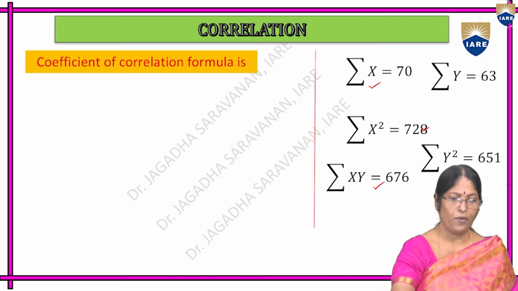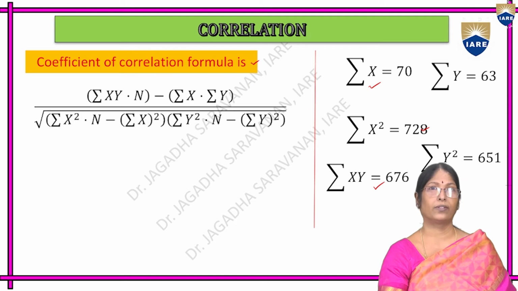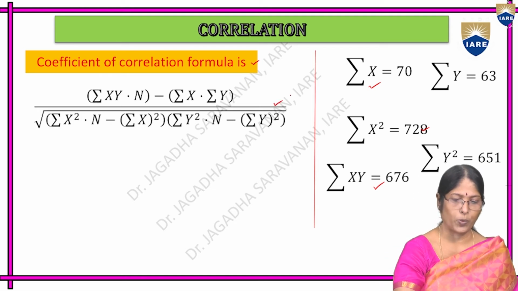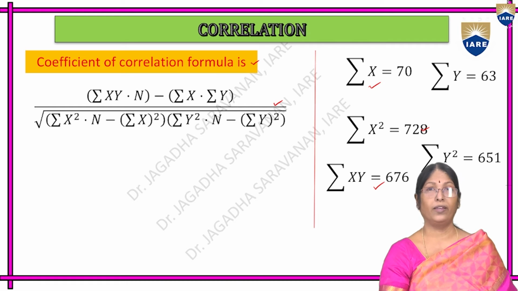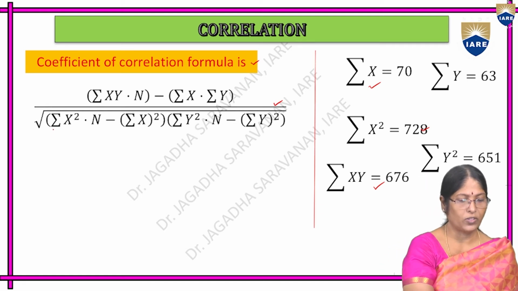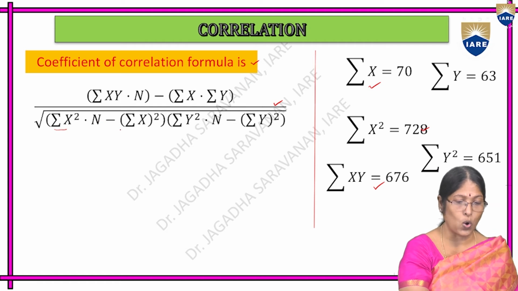So now the coefficient of correlation formula is: summation xy into n minus summation x into summation y, divided by square root of summation x square into n minus summation x the whole square.